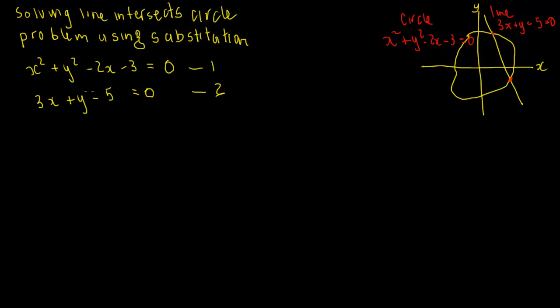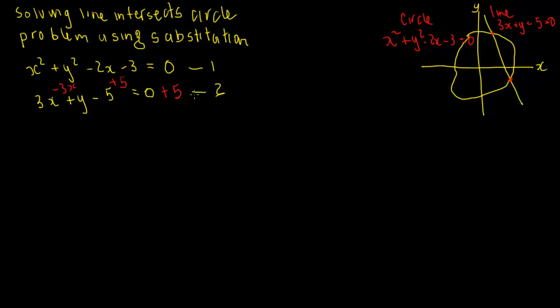First of all, we see we've got y here on its own, so we can manipulate this equation to get an equation for y, which we will then substitute into equation 1. So for a start, let's get the red pen out here, and let's add 5 to each side. While we're at it, we could also subtract 3x from both sides.